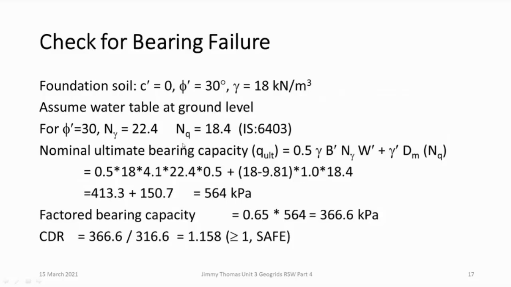We are trying to find out the worst case for each situation. For sliding, the worst case is when there is less load on the reinforced soil, that is, the vertical weight is minimum. And for bearing, the worst critical situation is when the vertical load is maximum.